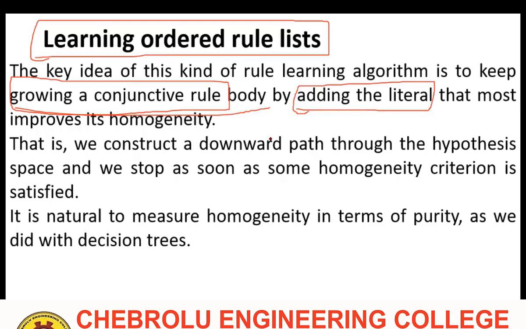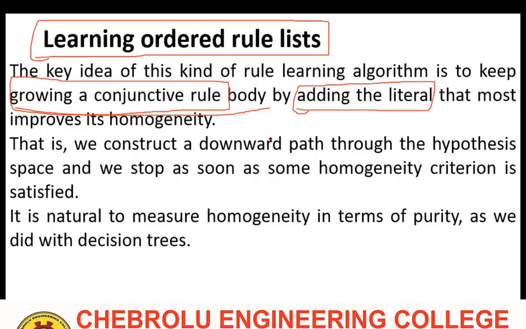One rule is there. For that particular rule, we add a literal. How do we add literals? By conjunction. A union, an intersection, De Morgan's laws, negations, and all.